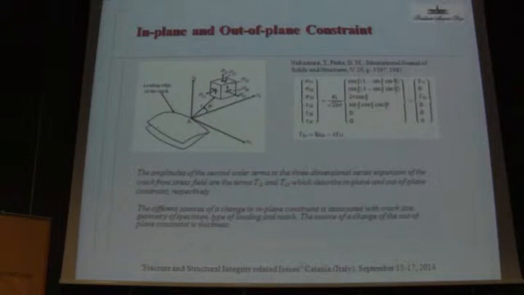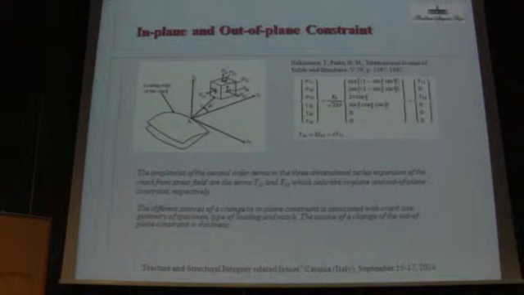The amplitudes of second order terms in the three-dimensional series expansion of the crack tip stress field are the terms T11 and out-of-plane constraint parameter T33, which describe in-plane and out-of-plane constraint respectively.